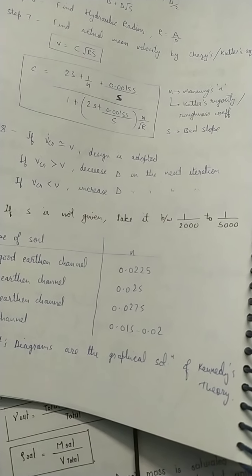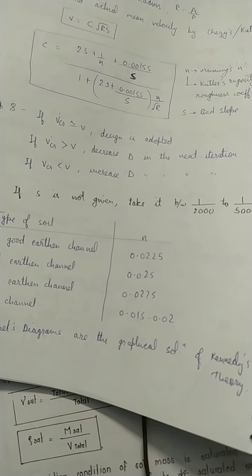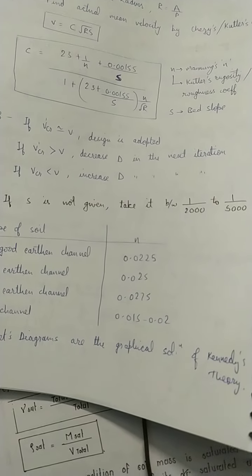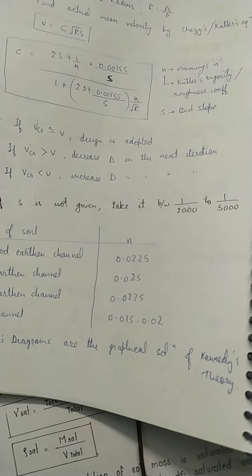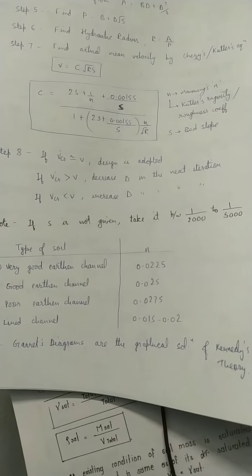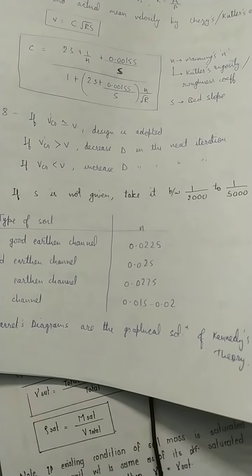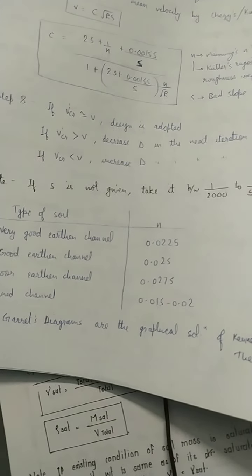If you decrease D, then VCR will decrease. So if we assumed a D for which the critical velocity comes out greater than the actual mean velocity, we need to decrease D, and vice versa. That is, if our VCR is less than the mean velocity V, then we need to increase D.